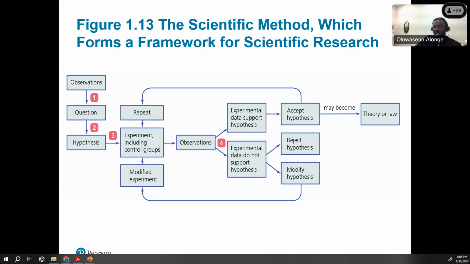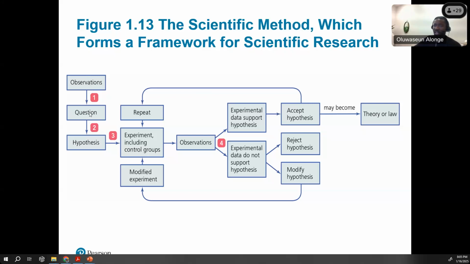The same way our car gives us signals that something is wrong, you just know that your car is not doing the way it used to do, but you didn't pay attention to it. You didn't do anything about it until it stopped working. That's the same thing that could have happened if scientists don't pay attention and don't observe. So observation is the beginning of every research.